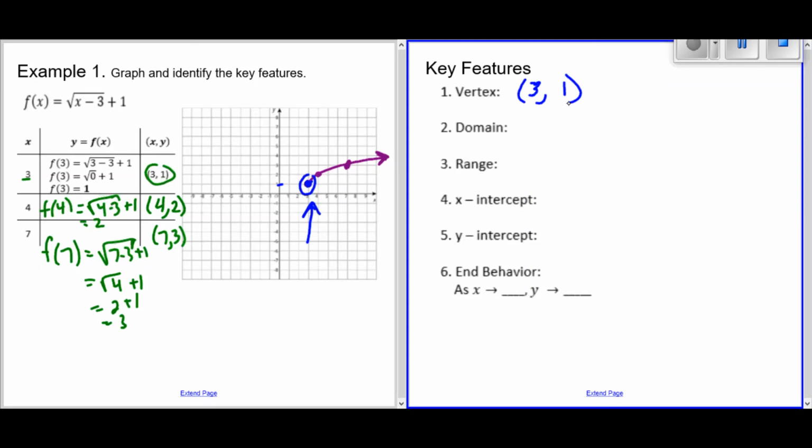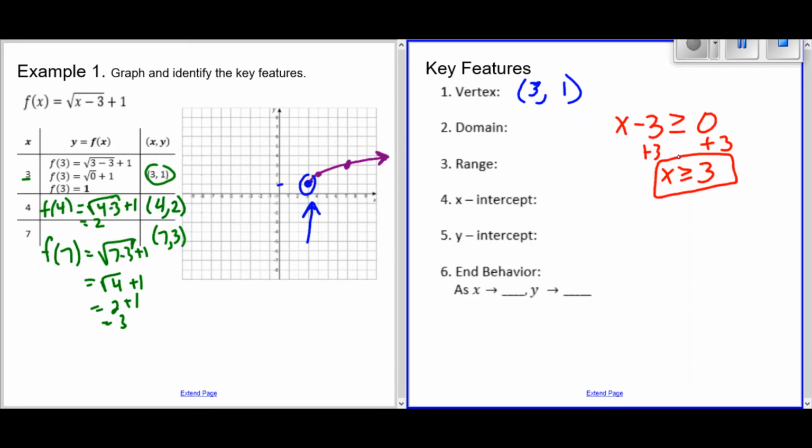The next part is the domain. You can look at the graph and find the domain, or you can set what's underneath the radical greater than or equal to 0. I'm just going to show that way. So x minus 3 is greater than or equal to 0. Then solve. Add 3 to both sides, so I get x is greater than or equal to 3.